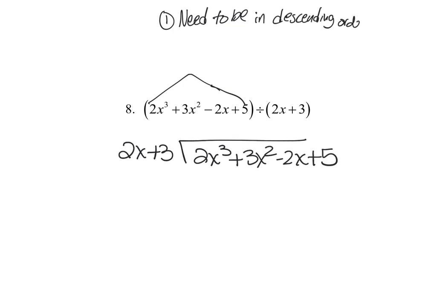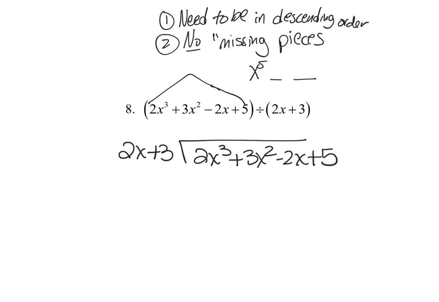All right, the next thing you want to make sure of, number 2, is there are no, let's say, missing pieces. For example, if you start with, let's just say, x to the 5th, then you need to have a piece for the 4th power, the 3rd power, the square term, the linear term, and then you can put a 0 in there for your constant as well.